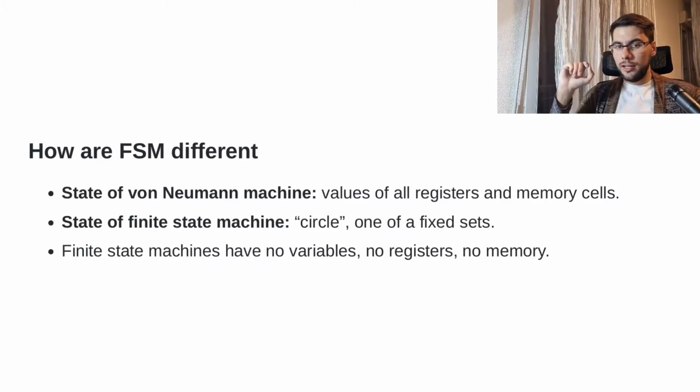However, from a practical perspective, when we program finite state machines, so to say, we can still use memory, but the memory should be placed outside the finite state machine.